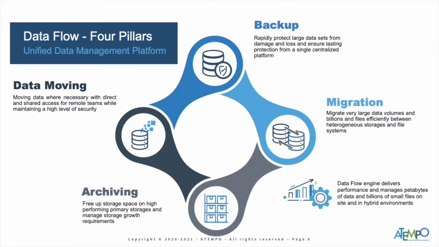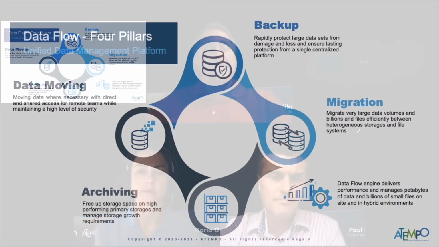So that being said, what you see here, think of these as the 4 pillars of Dataflow. At the top and the bottom, you see backup and archiving. Think of those as the tried and true data protection and preservation. Backup is for DR, things I need immediately back in case of some kind of nefarious act or something's happened to my file or files.